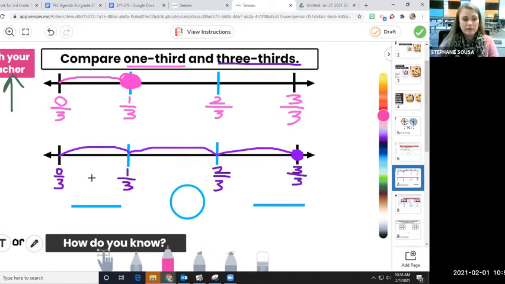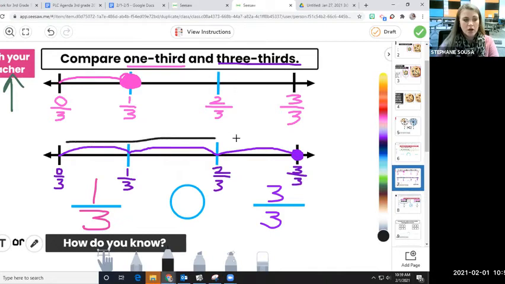Now I can write my fraction comparison. I am comparing 1 third to 3 thirds. When I look, I can see that my purple number line all the way over here is longer than my pink number line placement.